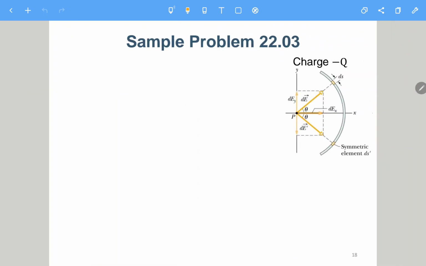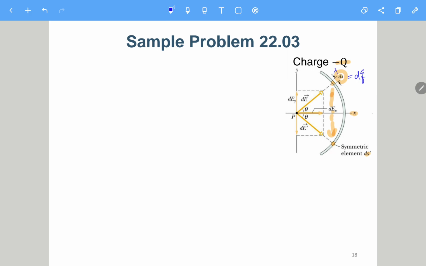So let's try to do this here. Similarly, we'll cut this rod into many small segments, like this one, ds. As the x-axis is the axis of symmetry, we can always find the symmetrical part here as ds prime. The charge is negative, which means that if this is ds, there will be a dq on it, and dq will be a negative number. dq is lambda ds.